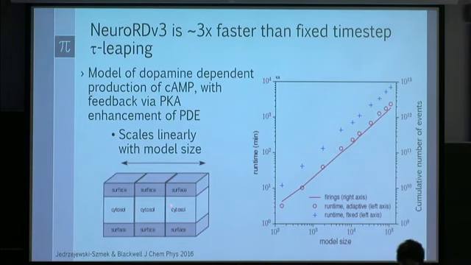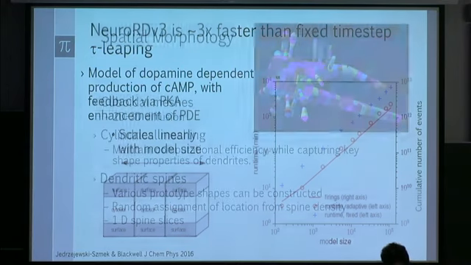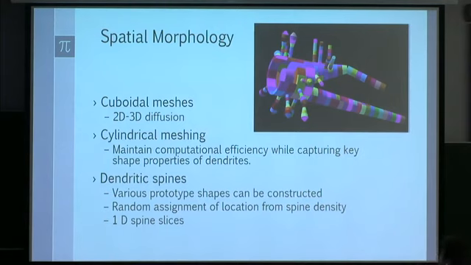We haven't yet done 3-dimensional ones, but we can do this sort of cylindrical type meshing so that we can maintain our computational efficiency while still capturing the key shape properties of dendrites. And we can also add on these protuberances called dendritic spines, and we can define different shapes and then distribute them according to densities that have been measured.